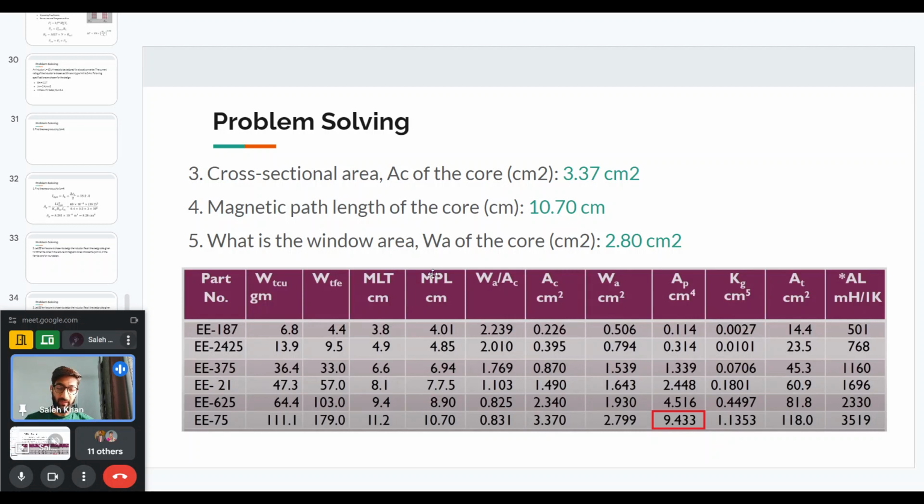The mean magnetic path length is 10.7 centimeter, and the window area is given as 2.799, which rounded to 2 decimal places is 2.8 centimeter square. So based on this table, you can find the answers to all these design data questions.